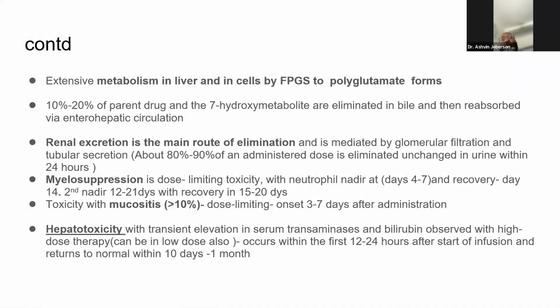Sometimes in residency we might miss that. So we have to ensure there is no fluid collection anywhere, because if you don't drain the fluid out and then start, the drug will accumulate in that fluid, and over a period of time it can cause delayed release of the drug from that fluid, and the toxicity will go on for a longer period of time. That's why the most important thing is to ensure that there is no third space fluid collection.